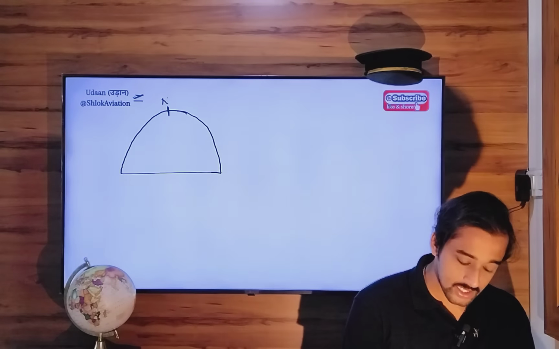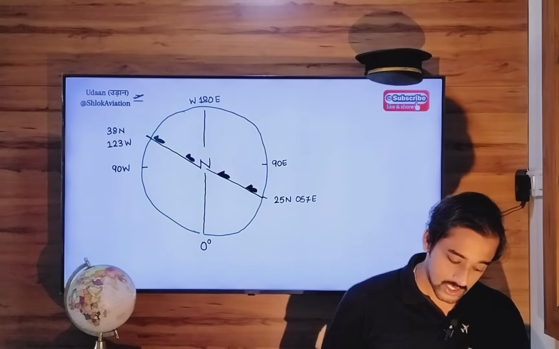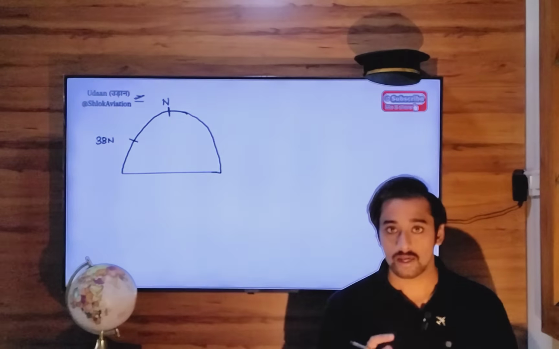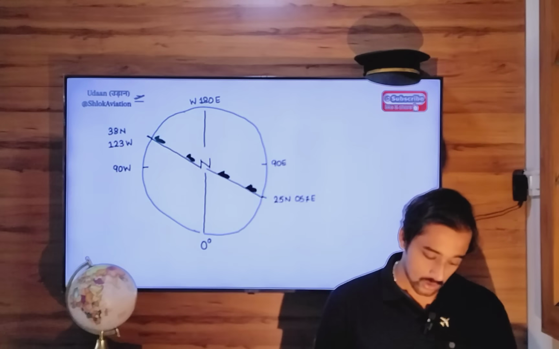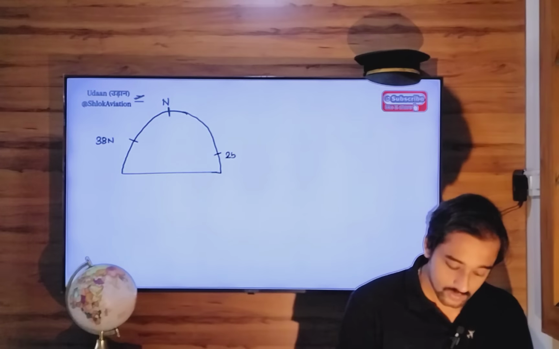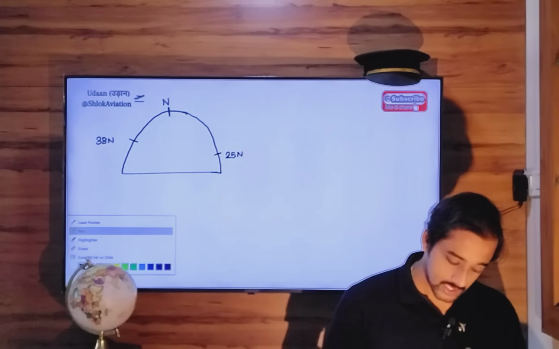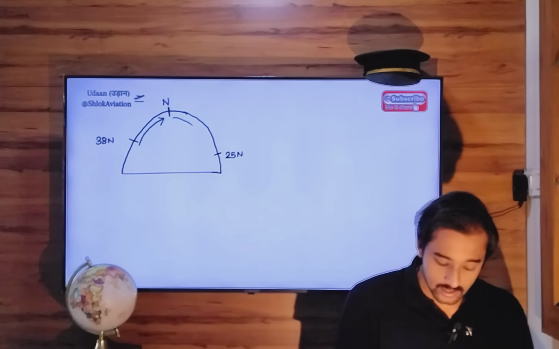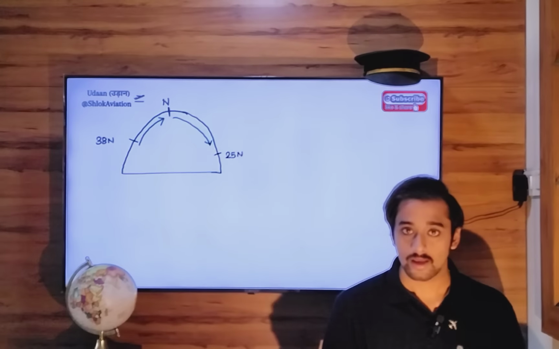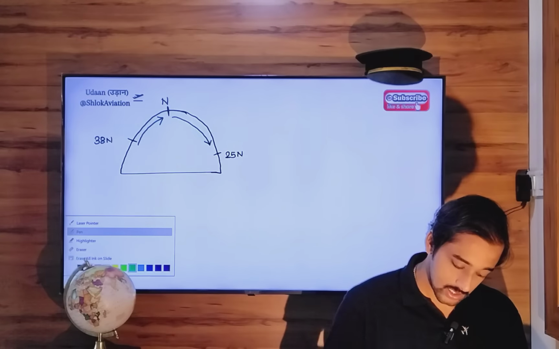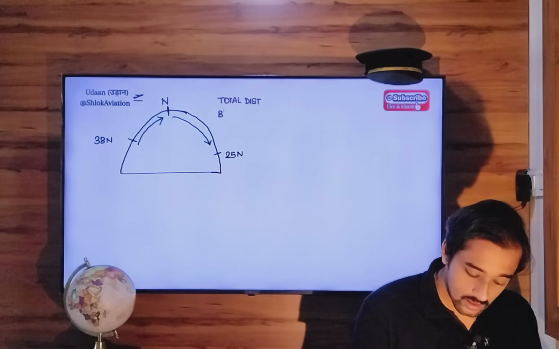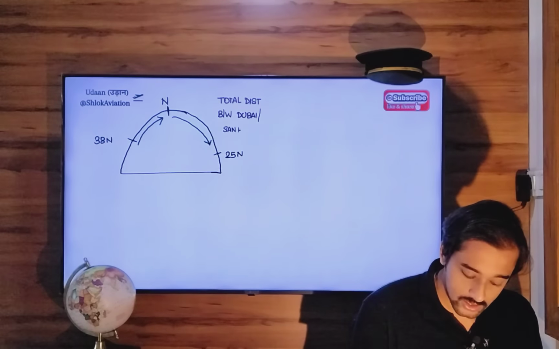We have the North Pole here, which is 90 degrees. Then we have the Western Hemisphere, 38 north, somewhere here, and then the Eastern Hemisphere, in which Dubai is located, at 25 north. Our plane takes off from San Francisco, goes to the North Pole first, and from there reaches its destination, Dubai. So we have to find the total distance between Dubai and San Francisco.